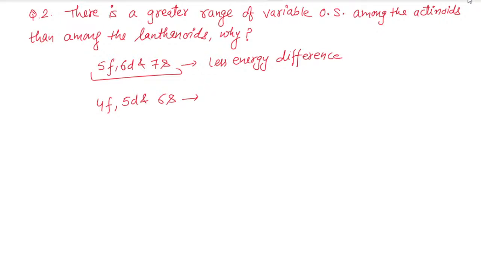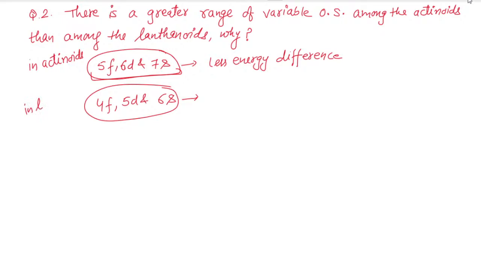That is the reason. Just write: because of less energy difference between 5f, 6d and 7s as compared to 4f, 5d and 6s. In actinoids there is filling of 5f, 6d and 7s.